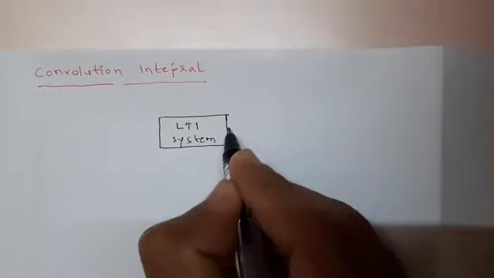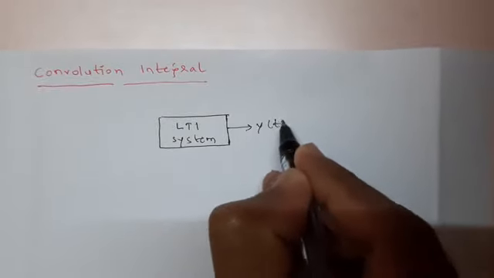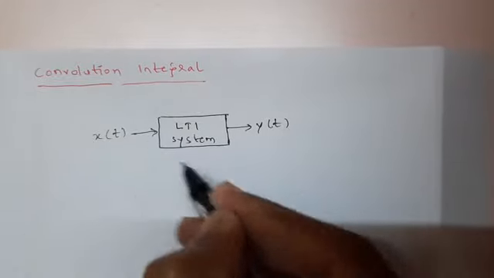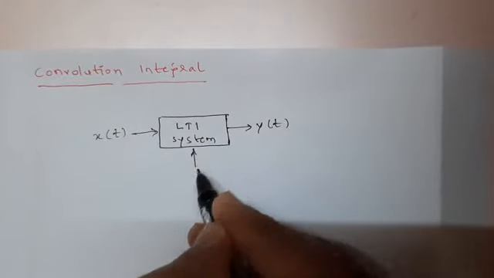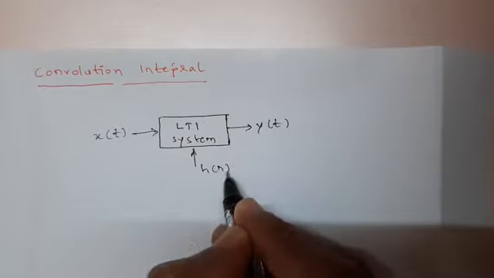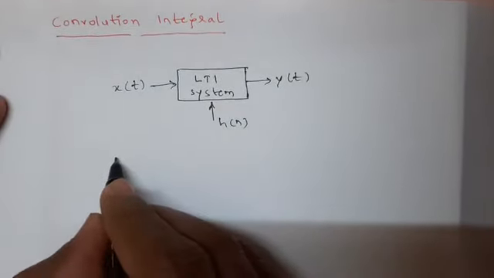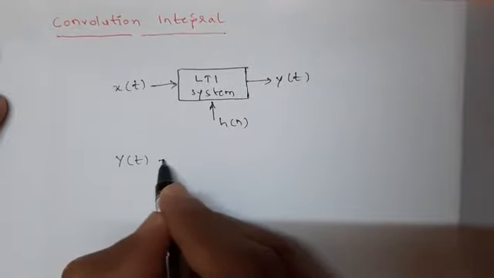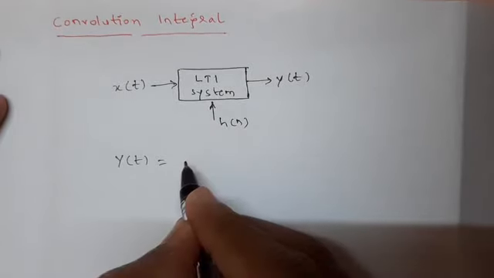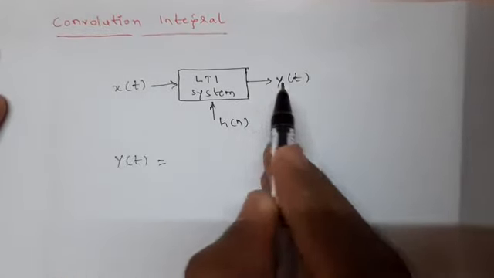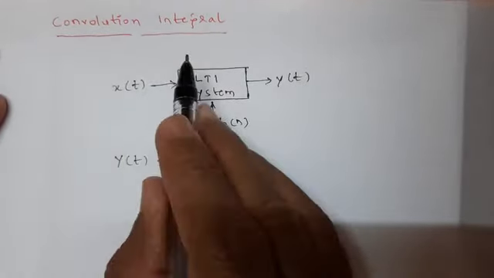with output y of t, input x of t, impulse response h of t, can now be represented as y of t equal to, we are trying to represent the relation between input and output through convolution integral.